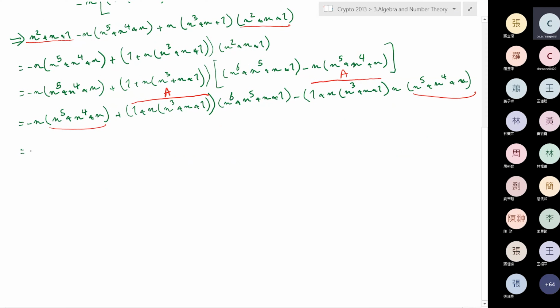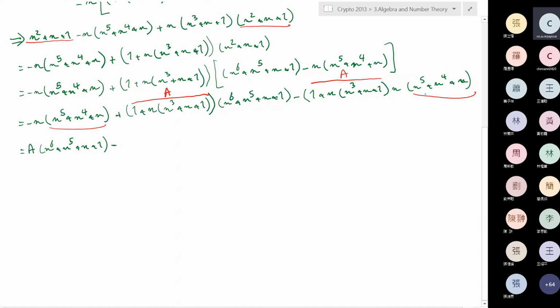So I can say that A times this term, x5 plus x1, minus, so what we can do is that we can factor these sides.